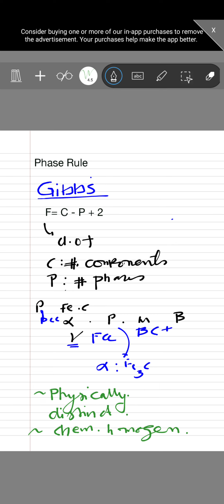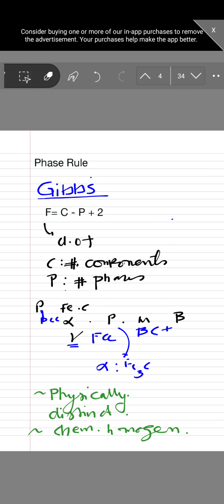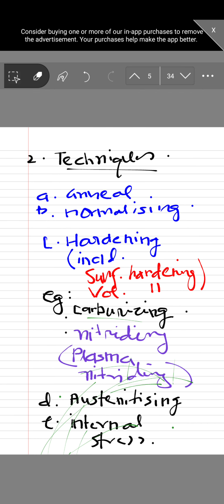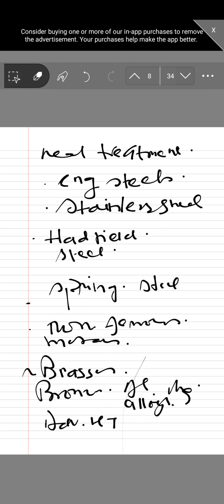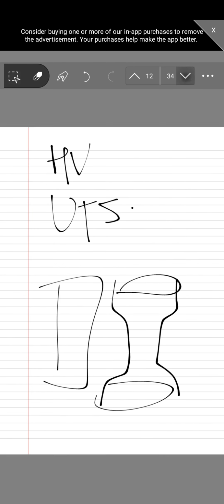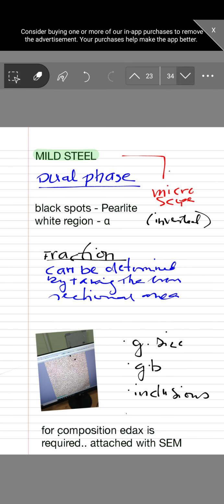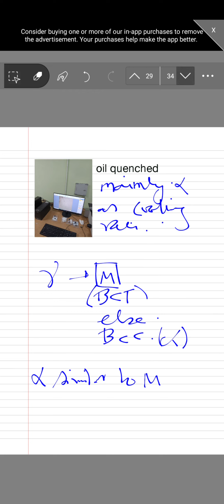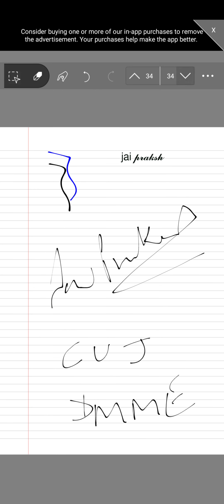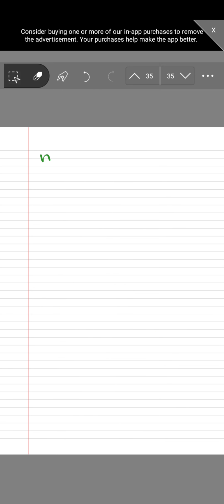And when these two conditions exist, they form a mechanically separable region of a system. So the third aspect is that it should be mechanically separable.